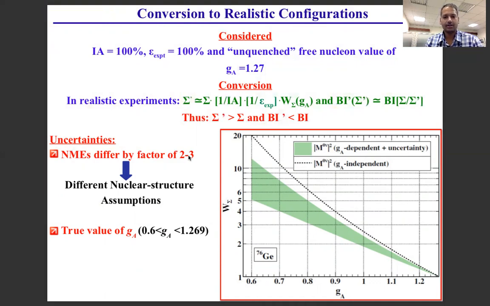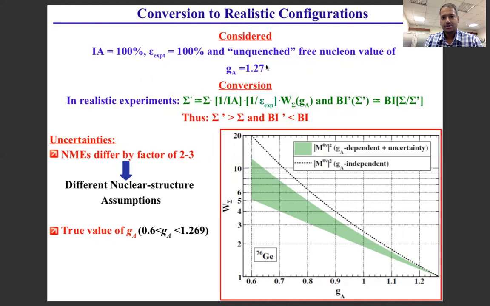To convert these numbers to a realistic scenario, the sensitivities in terms of exposure as well as background need to be converted using this formulation with realistic isotopic abundance and efficiency.